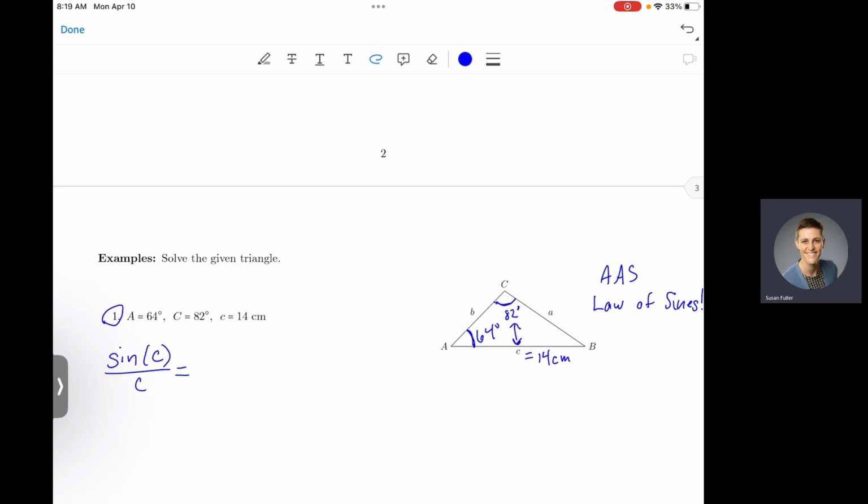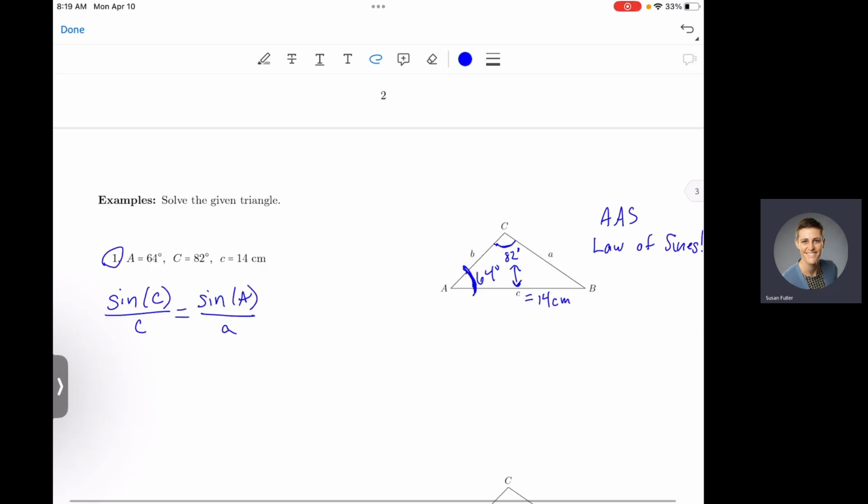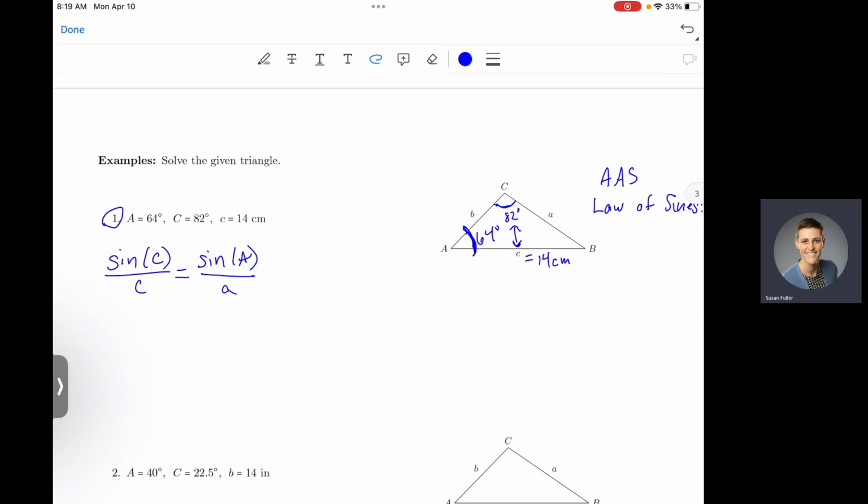The other information that we have here is angle A, which means we're going to use the ratio of the sine of angle A over side A, and this will help us solve. So let's plug in what we have, solve for what we don't. The sine of angle C is 82 degrees, divided by side C, which is 14 centimeters, is equal to the ratio of the sine of angle A, which is 64 degrees, over side A, which I don't know the length of. I'm going to leave that as A.